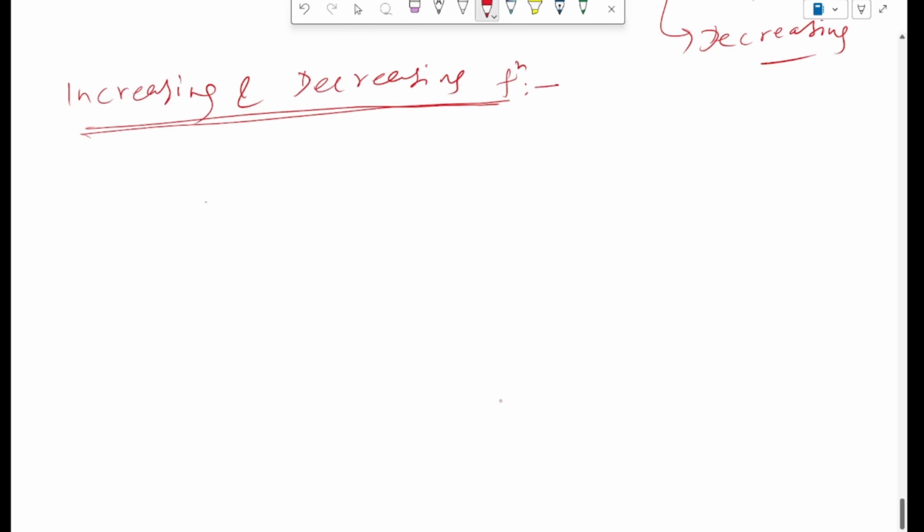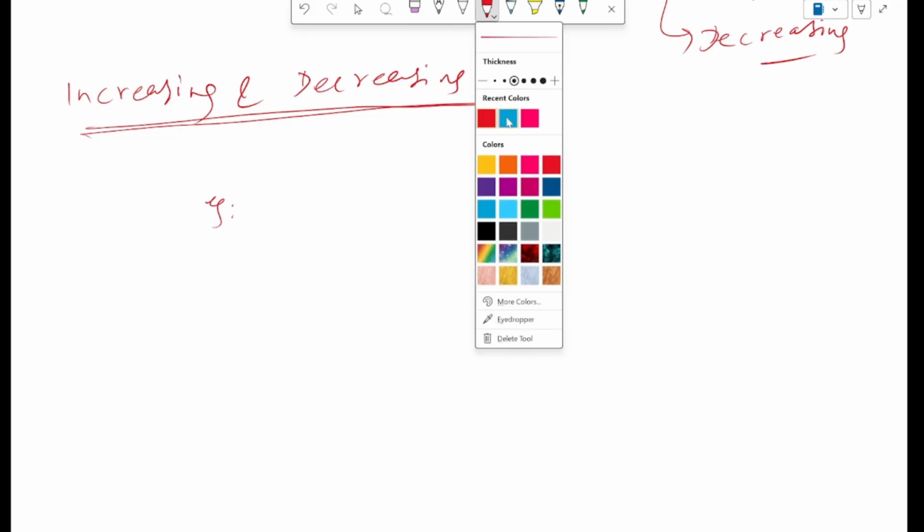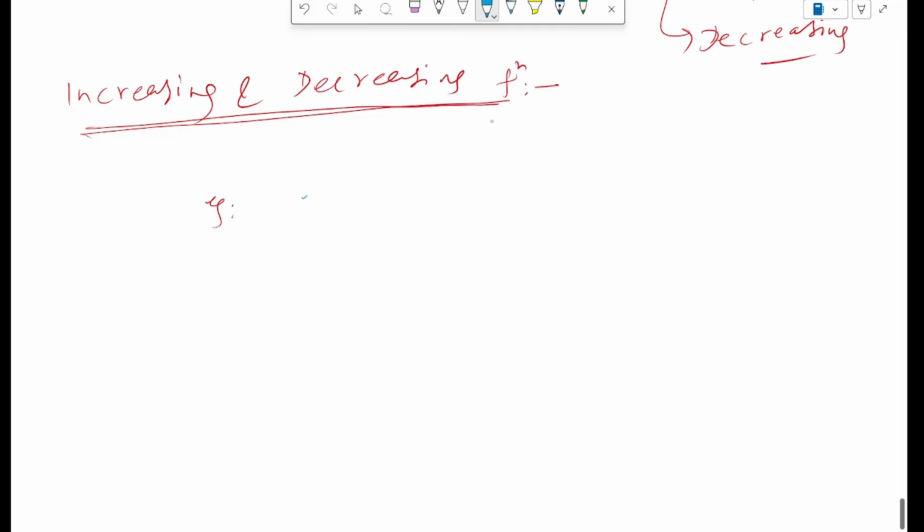Let's take a simple example. Let's take y equal to, we can write f(x) or y, whatever suits, 2 minus x square. Let's plot this first.